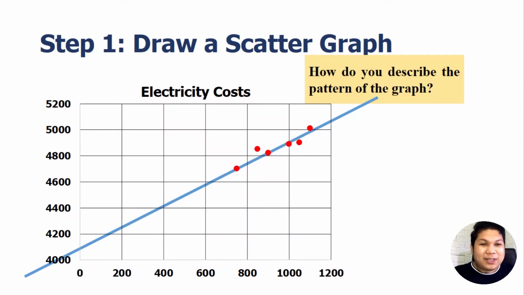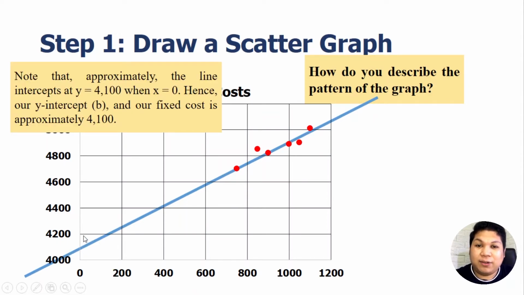It is not really as precise as the other two methods, but it gives us an idea of how the relationship between the two variables works. So again, when x is 0, the y-intercept is 4,100. This y-intercept is actually our fixed cost. And we are going to show in our previous slide why it is our fixed cost.